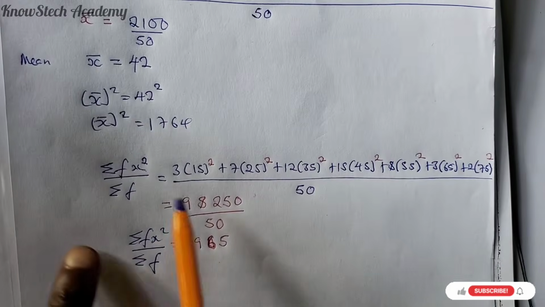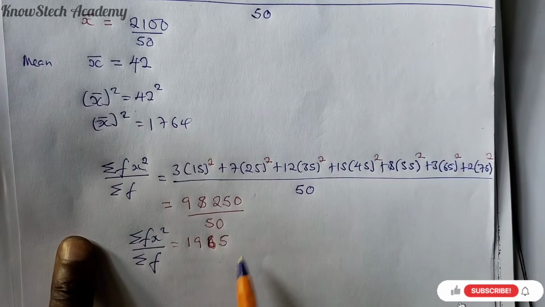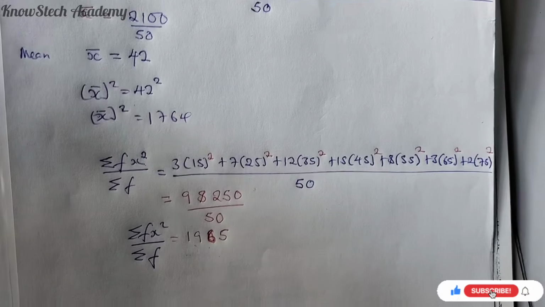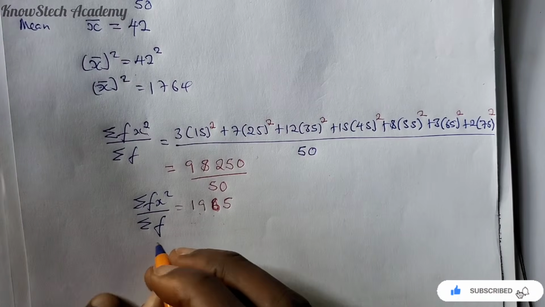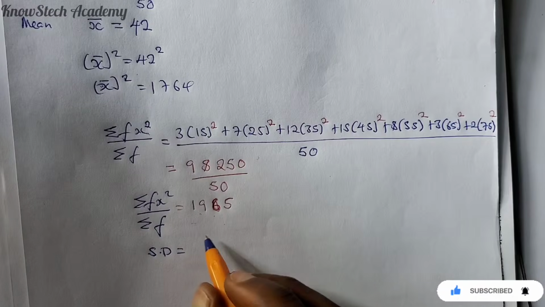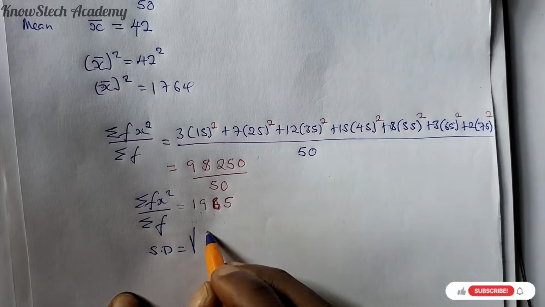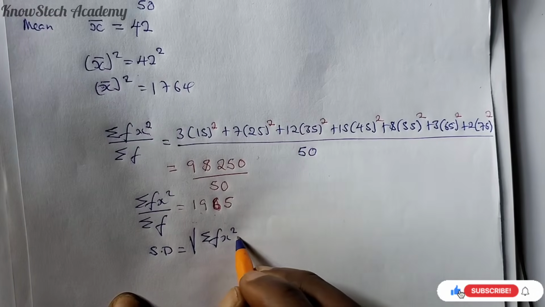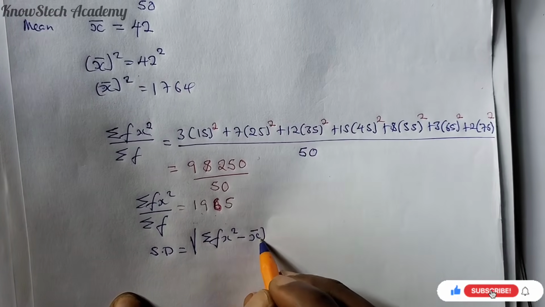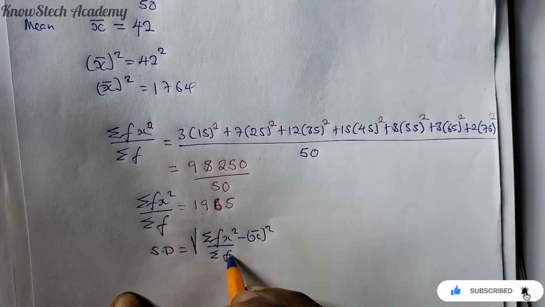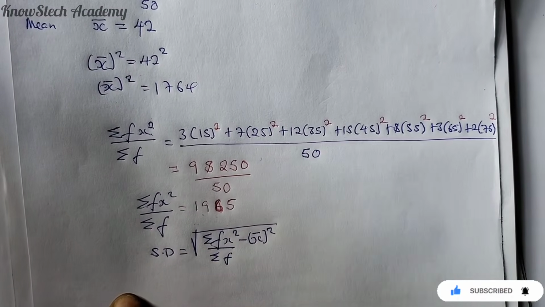Now, having found the mean and also this part, we can calculate the standard deviation. We can write SD is equal to the square root of the summation of fx squared over summation of f minus x mean squared.